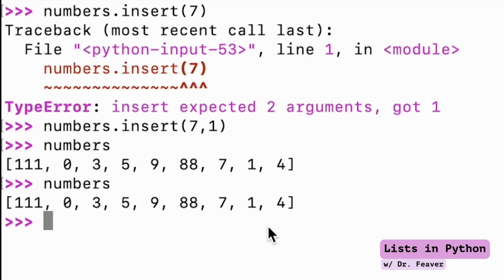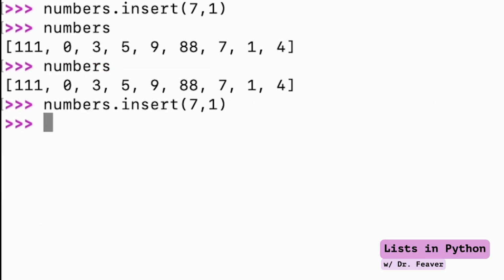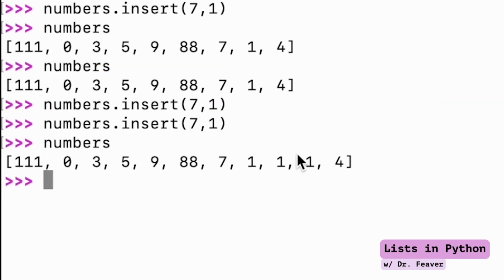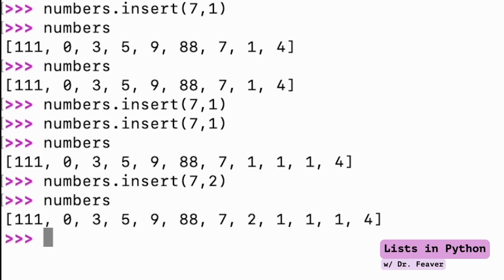Previously it went 7 and then 4, and 4 was at the 7th position, but now there's a 1 added into this list in front of the 4. And if I did numbers.insert(7, 1) 2 more times, it's going to keep inserting at that position. So this is the first one that was inserted, then this one, and then this one. And the other ones always get pushed back. If I do numbers.insert(7, 2), you can see that the 2 got added in front of the 1s because that's now the 7th position.